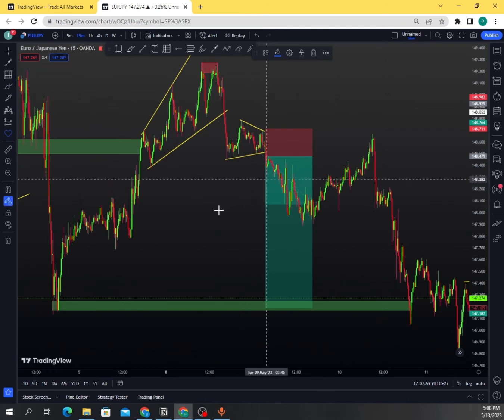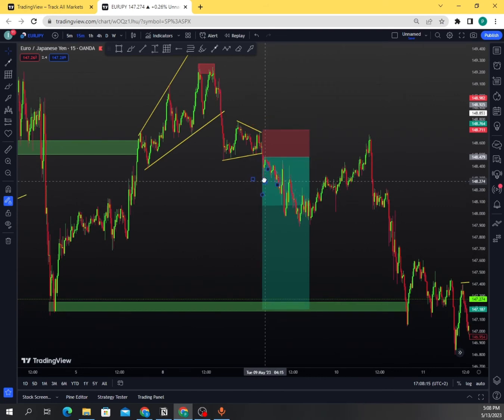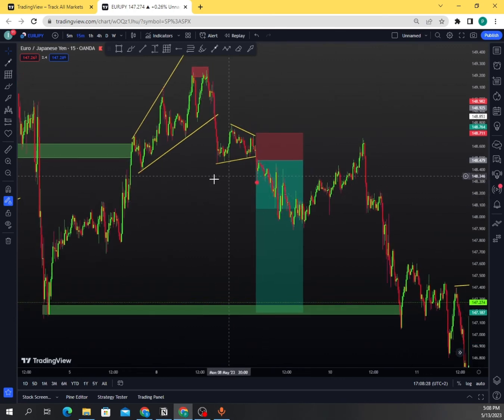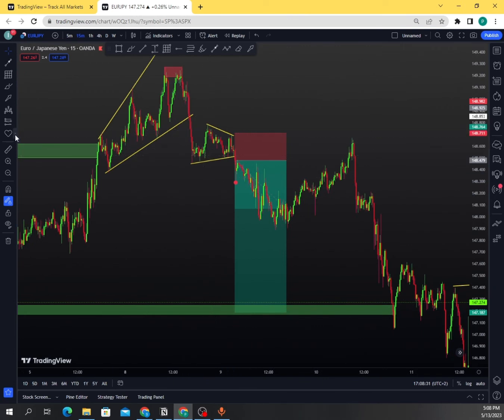What you can see, this was my low. Oh, it's too big. Let me make it small. This was my lower low. Let me make it red so that you can see it. This dotted red, this dot here, which I highlighted with red, was my lower low, and price created what?